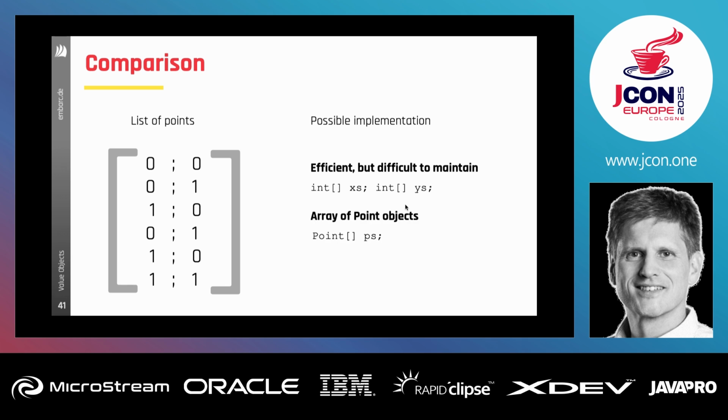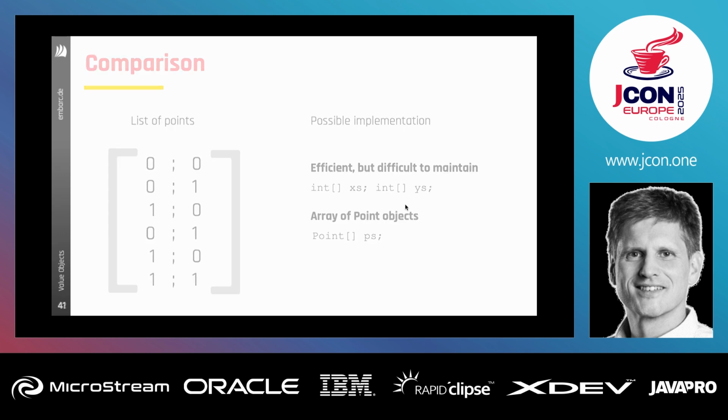And the other implementation could be an array of point objects. So I define a new data type, it's called point, with x and y, and then I have an array of that. So let's see how much memory will be consumed if I have 10 points.